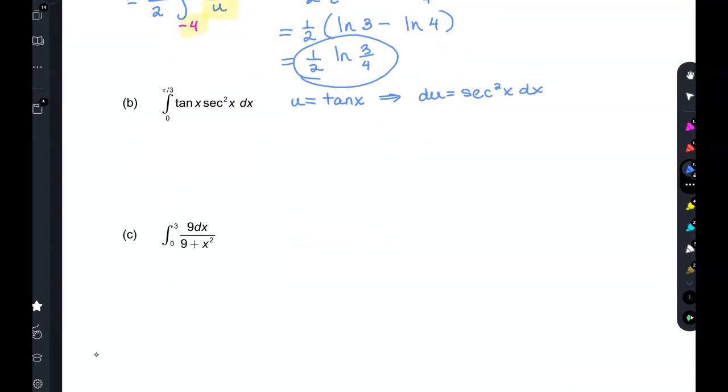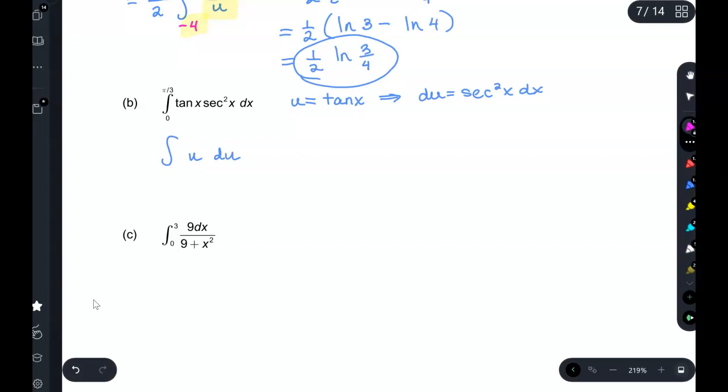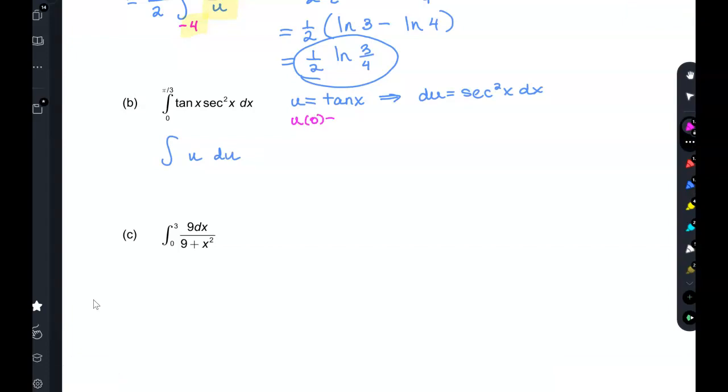So now I'm going to have the integral of just u du. And I want to change my limits of integration. Tangent of 0 is 0, so that one stays the same. And u of pi over 3: tangent of pi over 3 is root 3. So I'm going to replace the top with a root 3.